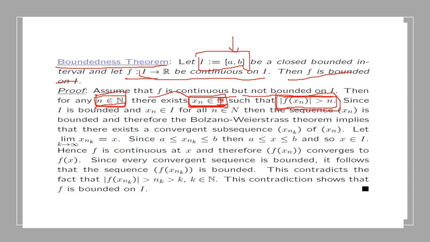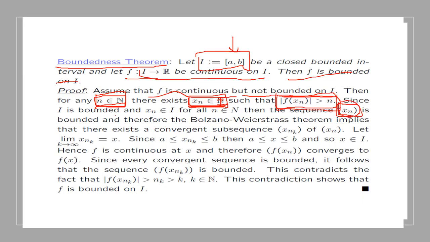So in that way, we are generating a sequence xn which is bounded, because each xn is in I, and therefore a ≤ xn ≤ b for each n, since I is the interval from a to b. So that means the sequence xn is bounded.